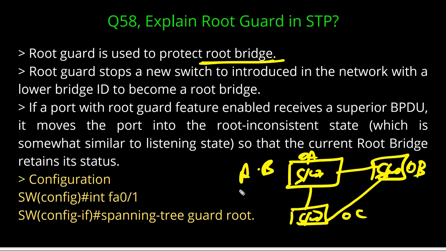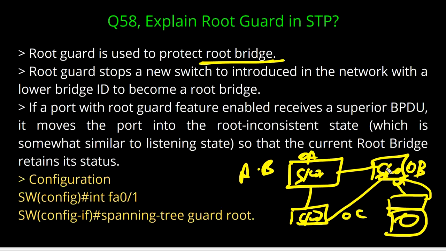Am I right? Now if there is one free port and an attacker comes with their switch and connects it on this interface, and if they set priority 0, a lower priority, this switch will transmit a BPDU. When the switch receives the BPDU on this interface, it checks whether this BPDU is a superior BPDU, and definitely the priority will be 0.